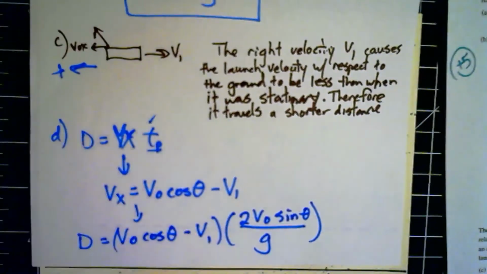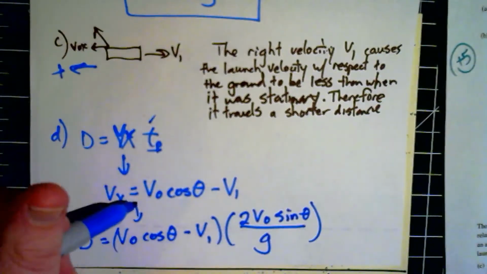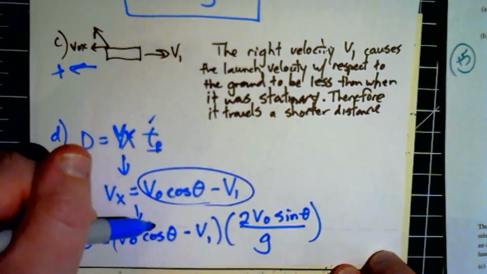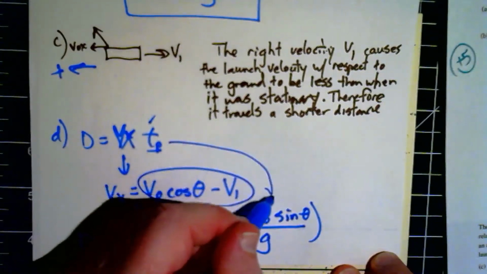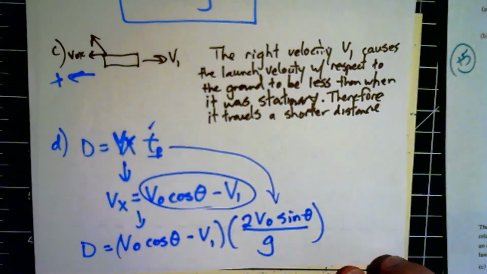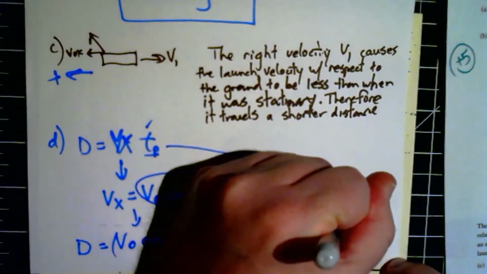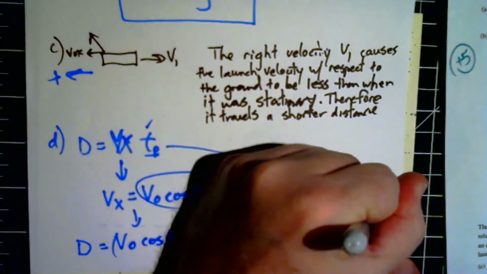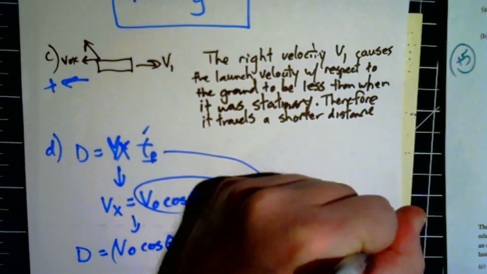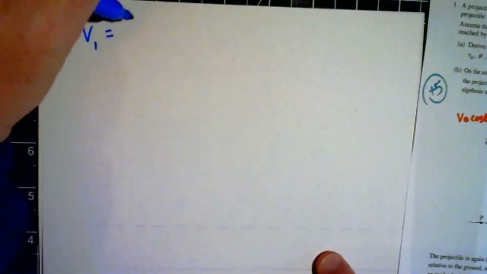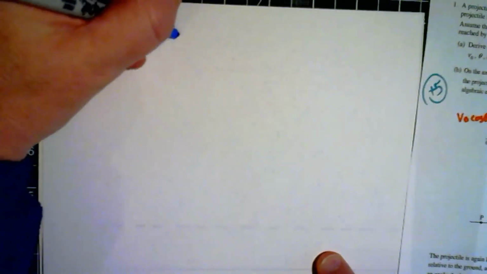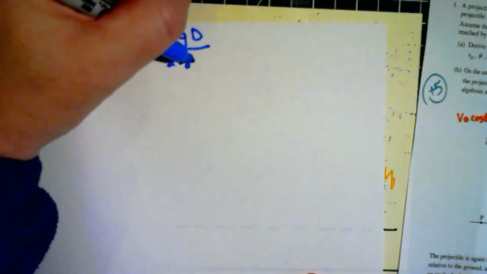All right, sorry guys, I'm off the page there. So all I did here is I substituted in this term for Vx right there, and I substituted in the time term 2 v0 sine theta over g. And now all you need to do is take that expression and solve for v1. And when you do that, you come to the solution that v1 is equal to v0 cosine theta minus g d, there's a little bit of algebra in there, divided by 2 v0 sine theta.